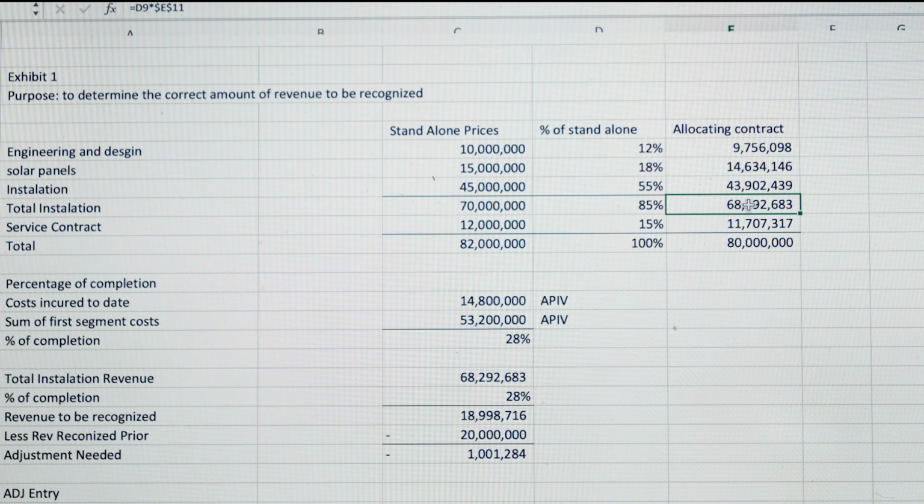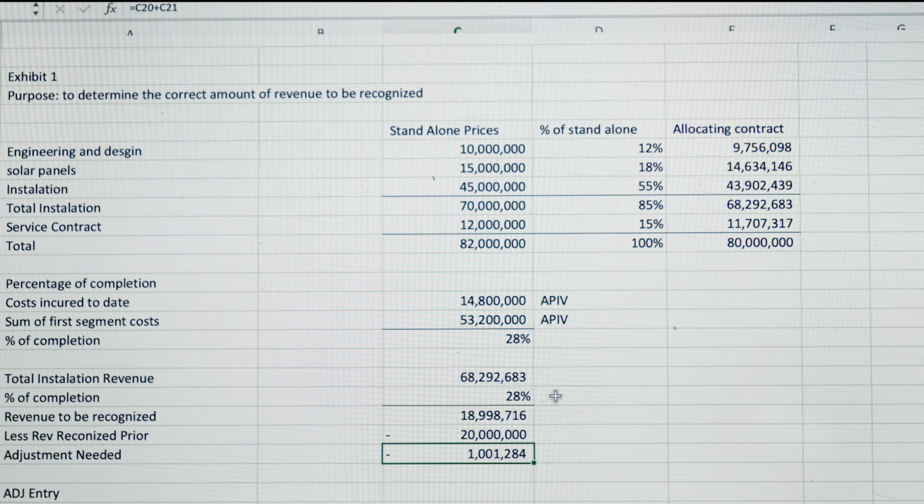It's the portion of the contract allocated to segment 1. You multiply that by the percentage of completion calculation here. This gets you this number here, which is the correct revenue to be recognized. You want to subtract what they've already recognized, which is this 20 million, and you can see that they've overstated revenue by roughly $1 million.